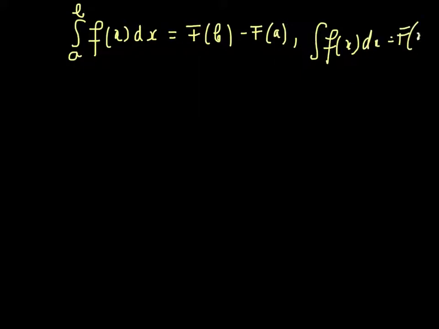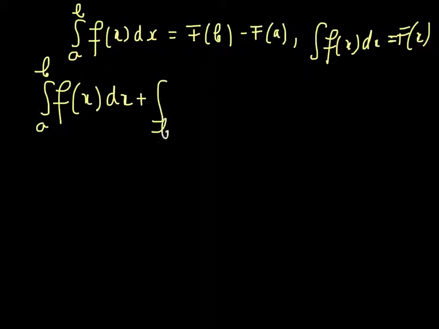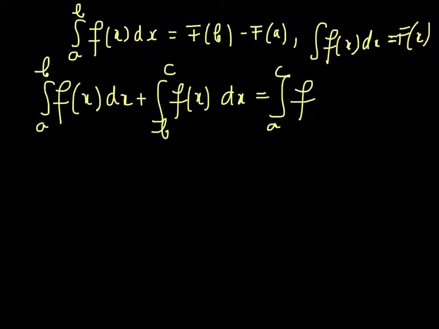So capital F of x is an antiderivative of f, and F of b minus F of a is a definite integral. If we add integral from a to b of f of x dx plus integral from b to c of f of x dx, it is the same as integral from a to c of f of x dx.